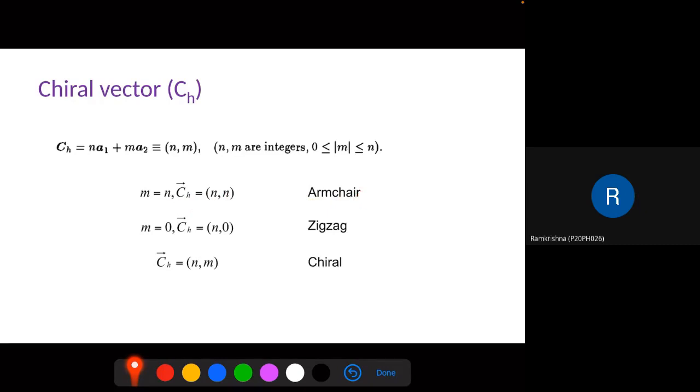And if the chiral vector is moving along one of the lattice vectors, where m is 0, then it is called a zigzag nanotube. And if n is not equal to m, it is called a chiral nanotube.